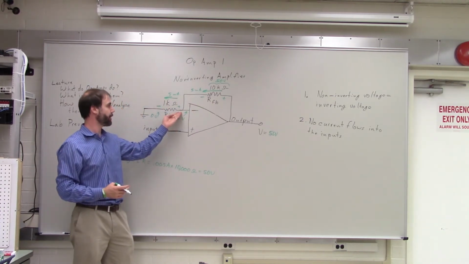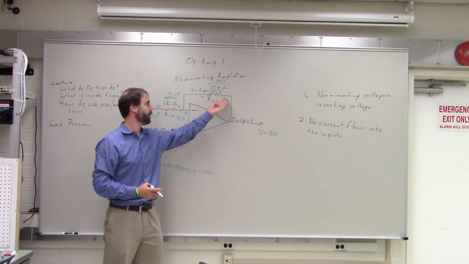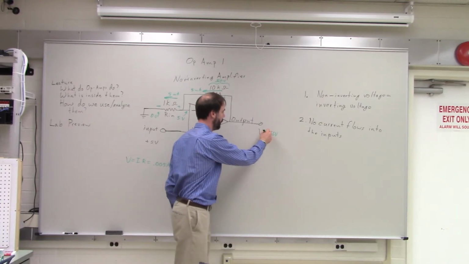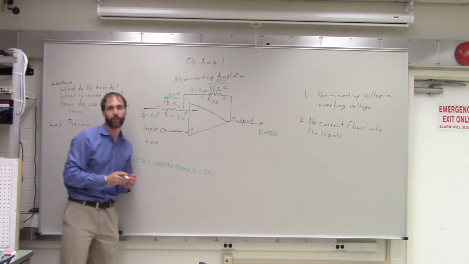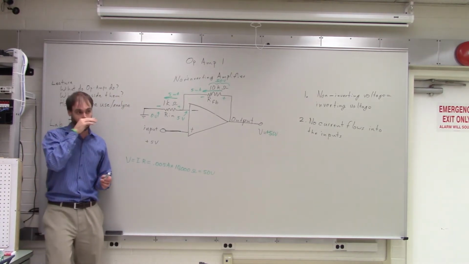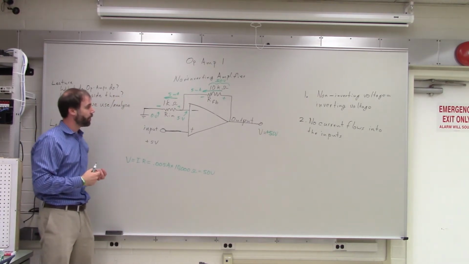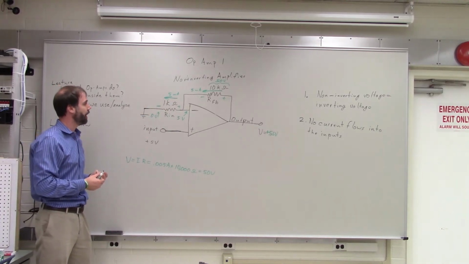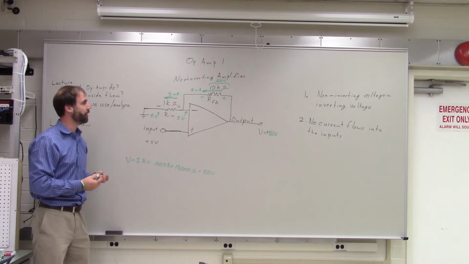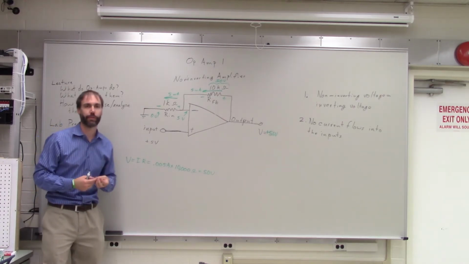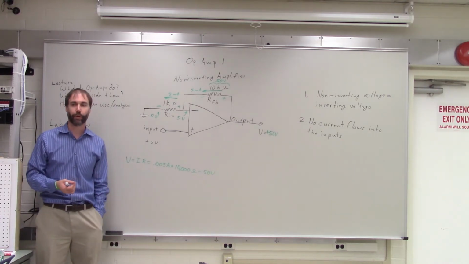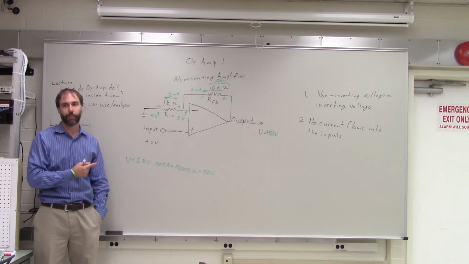We started at plus 5 volts, and then we went up by another 50 volts, so it's plus 55 volts, okay? So we used these two rules, and we were able to figure out what was going on in a non-inverting amplifier circuit as well.